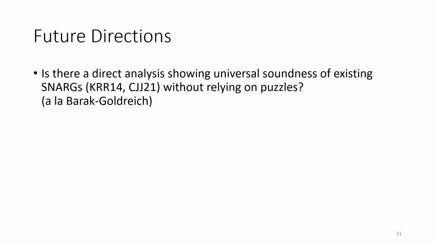Now let me conclude with some future directions. So first, it will be interesting to see if we can actually use a direct analysis on existing constructions to show that they are universal without relying on puzzles. And actually, this is what Barak and Goldreich did when they constructed an interactive universal argument.